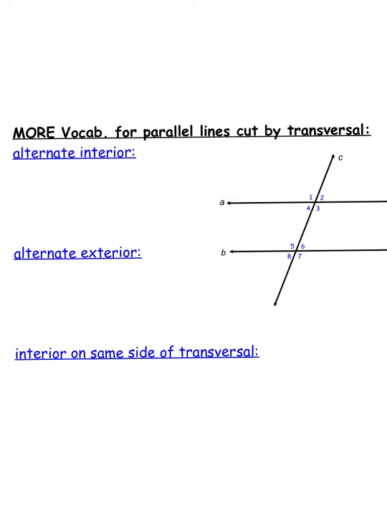First, we have alternate interior. Interior means inside the parallel lines. Alternate means opposite. And I will tell you that your alternate interior angles are congruent. So if we look at the inside of the parallel lines, our choices are 4, 3, 5, and 6.